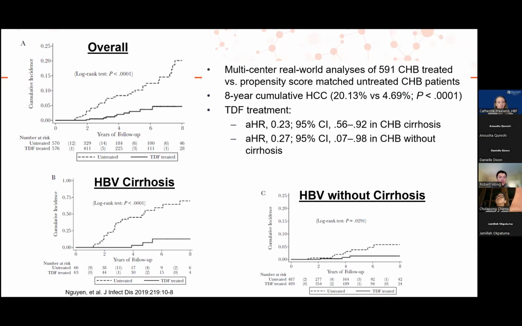In the figures, the dotted line represents those that were not treated, the solid line represents those that were treated, and the outcome is liver cancer. Whether you look at patients with or without cirrhosis, it's pretty clear that antiviral therapy does reduce the risk of liver cancer.